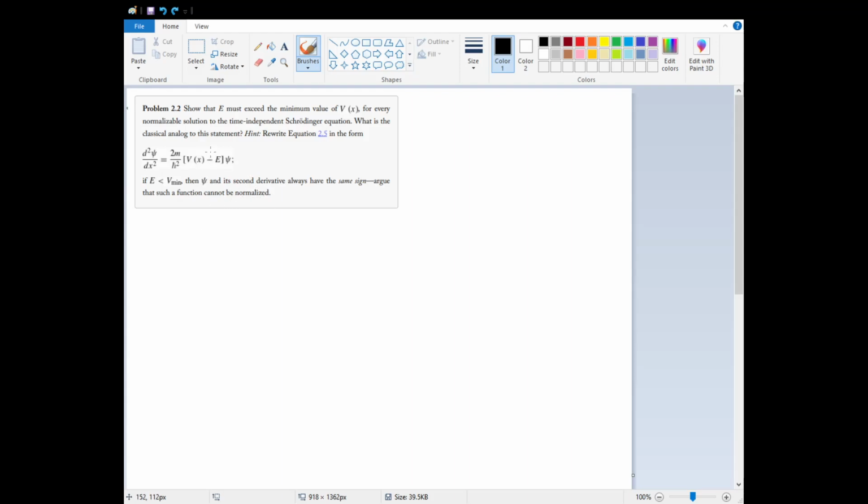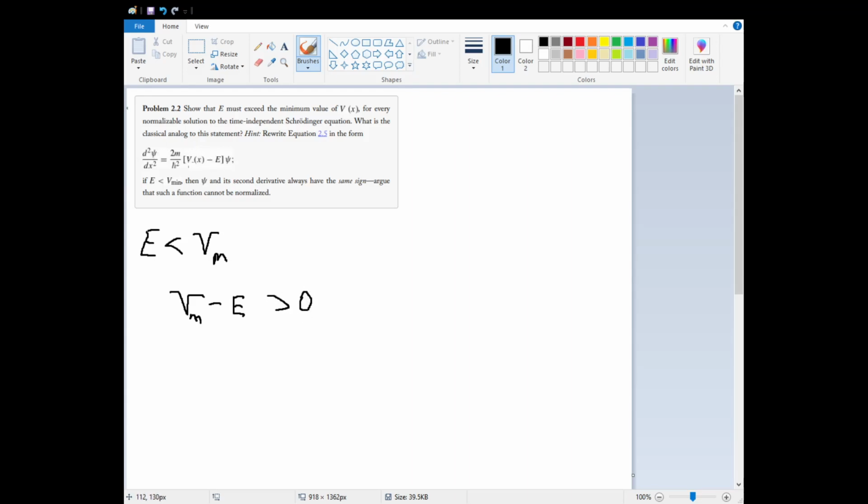So let's just analyze the scenario where E does in fact have a value less than V min. Let's just call it V sub m. In this case, V min subtracted by E is going to always have the same sign as the second derivative of psi. So if we look at this, E is less than V min, so this is always going to be greater than 0.